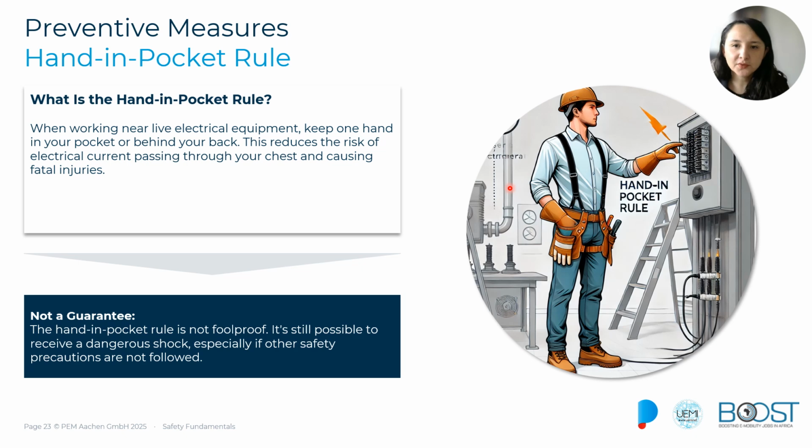It is important to note that this rule is not a substitute for all of the safety measures that we discussed before, like wearing insulated clothes and using insulated tools, as well as following the procedures and so on. This is only another measure that we can take to protect ourselves even further.